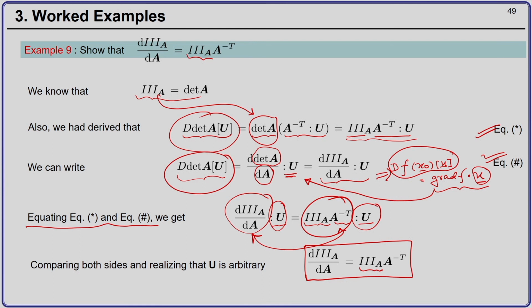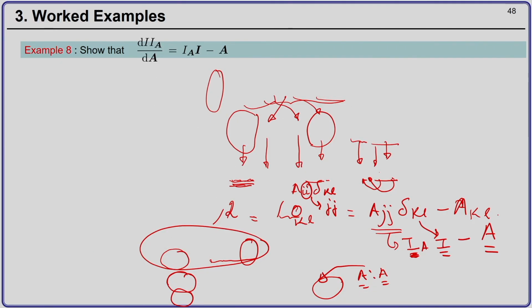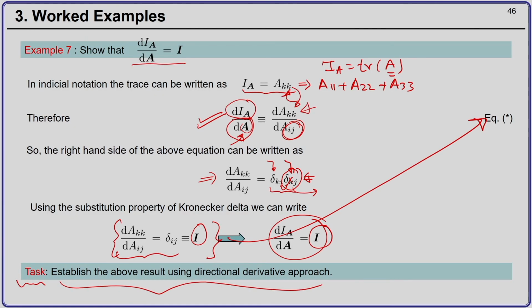So, I will again go back to the last 3 examples and we will see what results we got. A tensor has 3 invariants, I1 of A, I2 of A and I3 of A. So, the derivative of the first invariant of the tensor with respect to the tensor itself is nothing but the second order identity tensor.